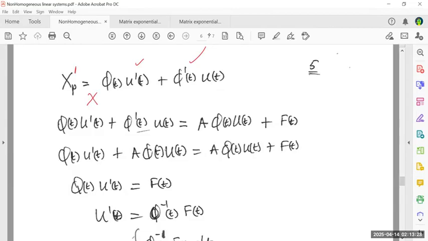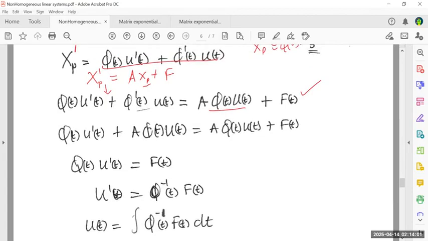And remember, if x prime is equal to ax plus f, we now have a new system here for finding the particular integral. So we substitute xp here, and remember we said xp is equal to phi of t times u of t. So we do the same here, and f of t remains.